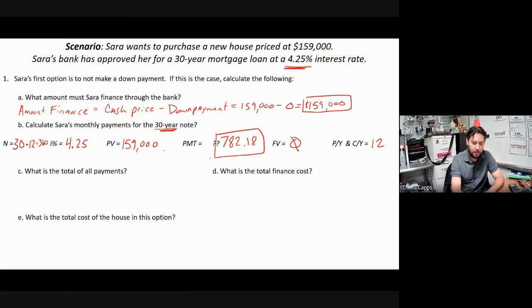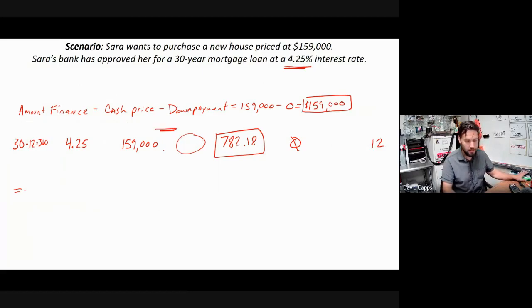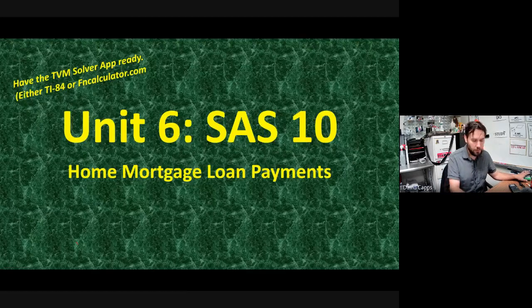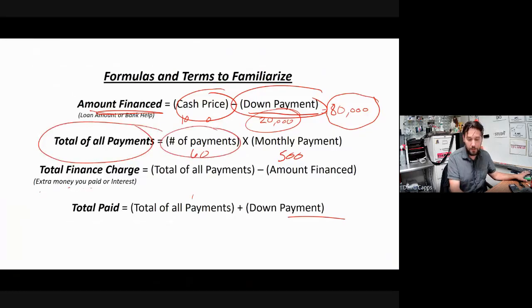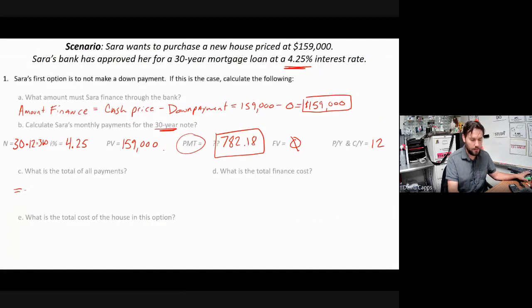Remember, her payments were the PMT. Let me go back for a second and show you the formula. For the total of all payments, we take the number of payments. Remember how many payments she's making: 360 payments, right? Times her monthly payment.